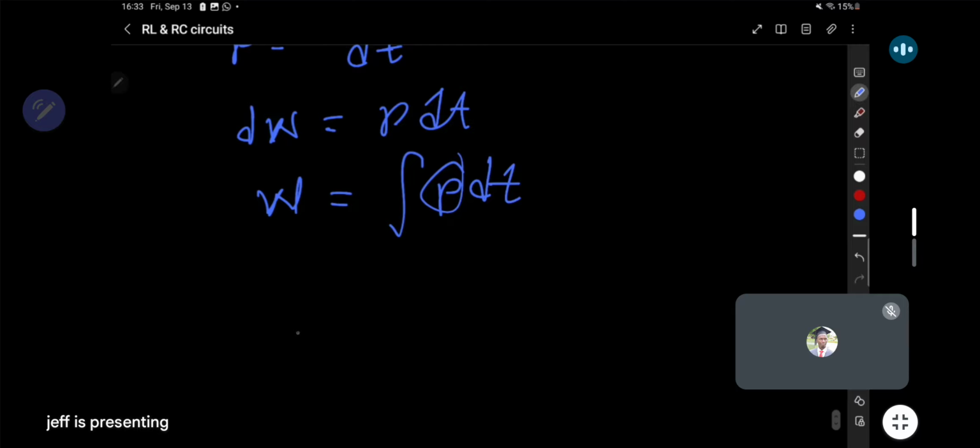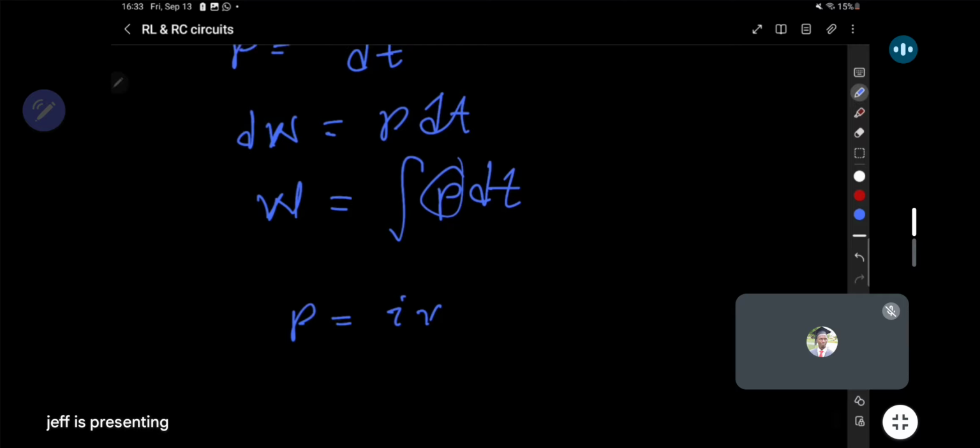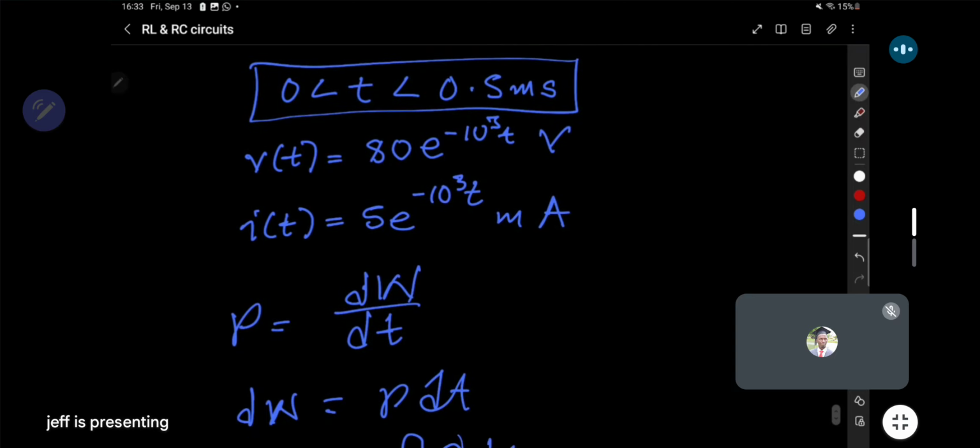But in a circuit, we know that power is equal to current times voltage. They did give us what the current and the voltage are, so we just get these expressions, and we have to multiply them.